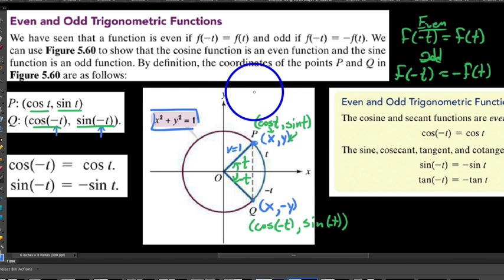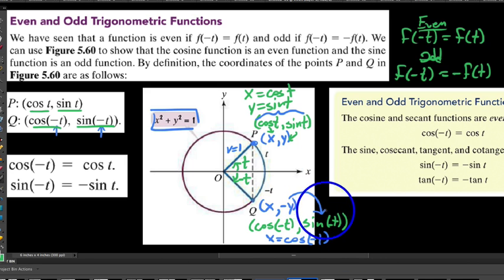And so the interesting thing is this. We know that x is equal to the cosine of t and y is equal to the sine of t just by looking at these two values right here. But when one looks down here, what we see is that x is also equal to cosine of negative t, and we see that negative y, which I'm just borrowing from right here, is equal to sine of negative t.